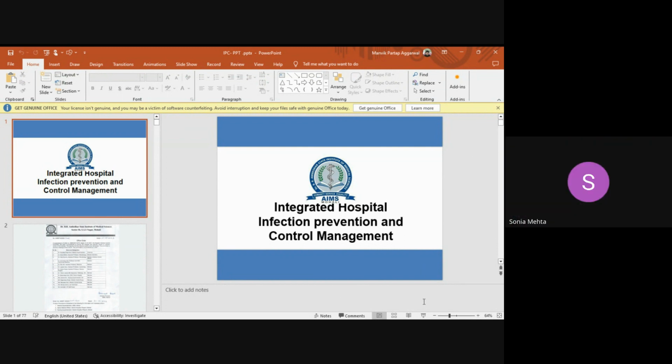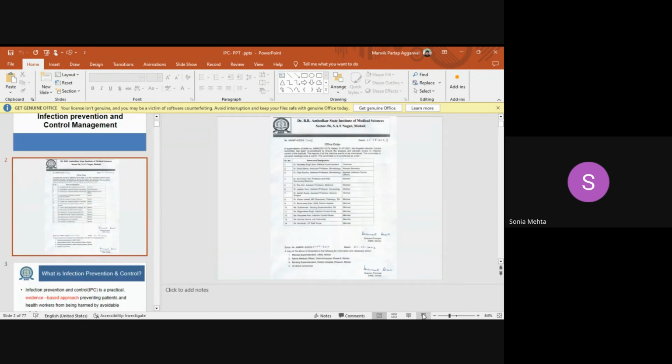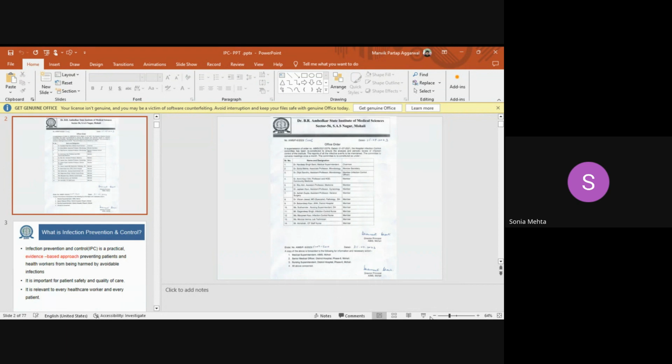The topic given to me is integrated hospital infection prevention and control management. Before I start, I am sharing the circular released from my institute in the month of August, where this HICC team was constituted, and I was given the post of member secretary of this committee.